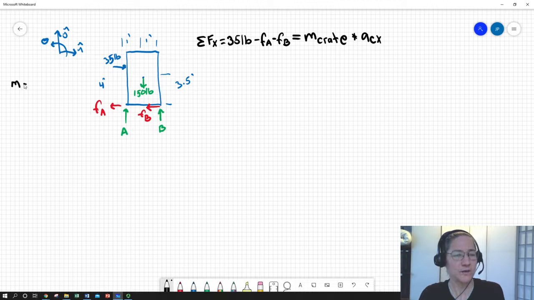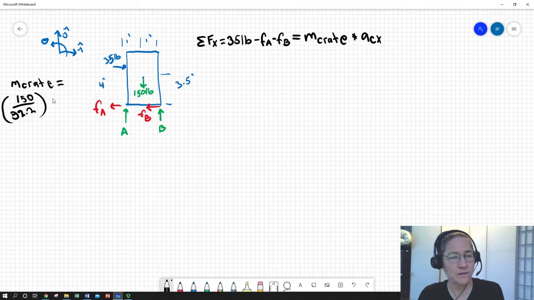And we can remind ourselves that m crate equals 150 divided by 32.2 approximately slugs, the British mass unit. So here's our acceleration expression.